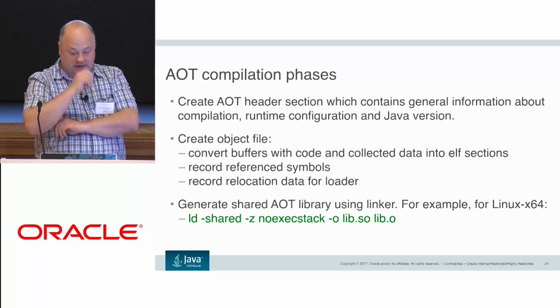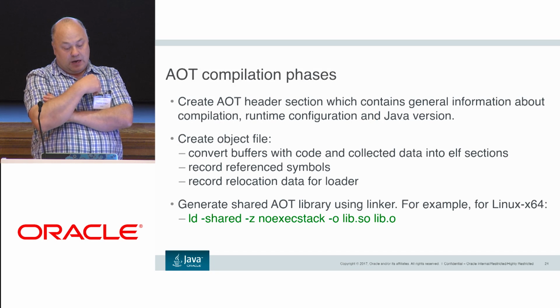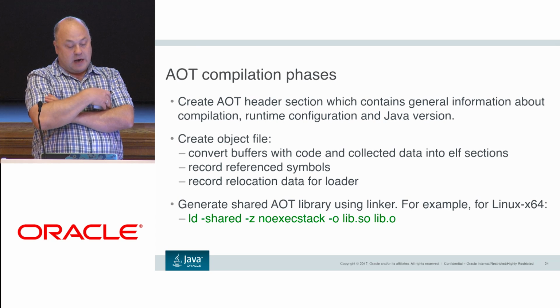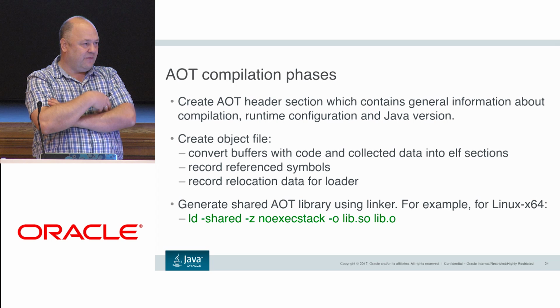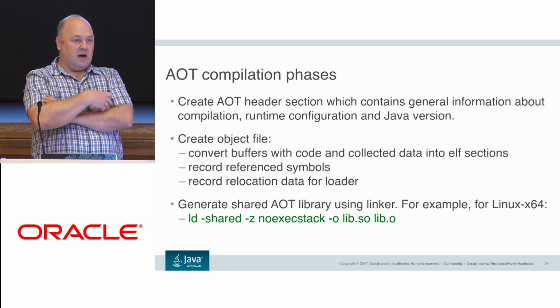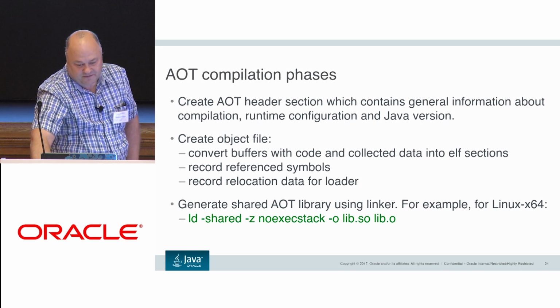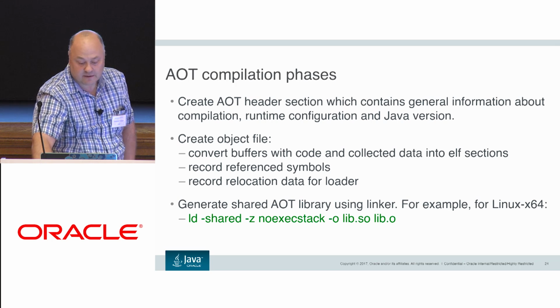After all this data is collected, we record runtime configuration, VM version, and we generate object files, and then we use local linker to generate shared library. Usually Linux has a linker by default, but on Mac OS and Windows, you have to make sure it is installed. Some systems we are testing are missing them, so we fail in AOT testing.